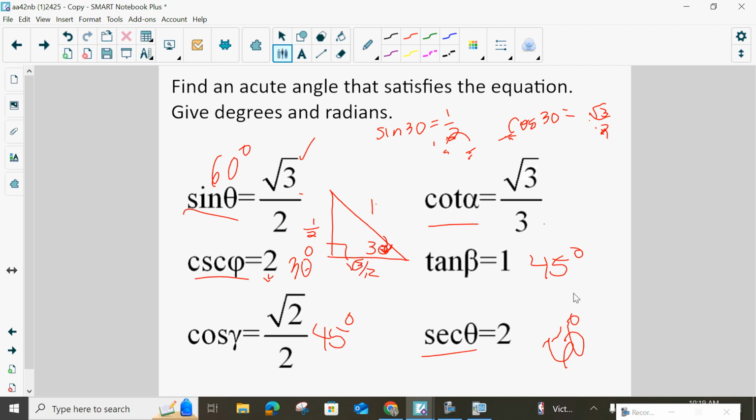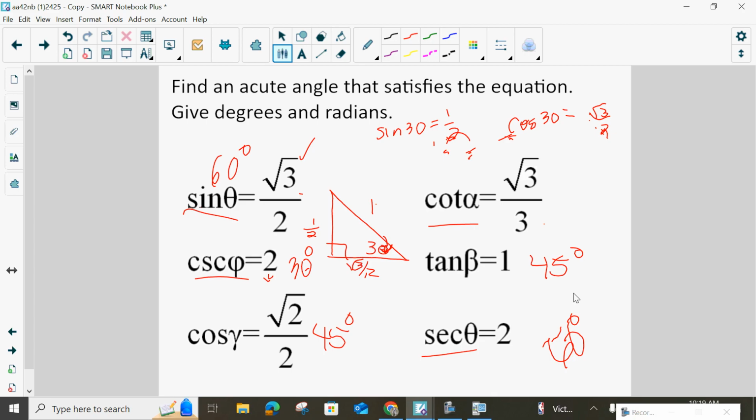Cotangent. Which quotient is cotangent? Is it sine over cosine or cosine over sine? Cosine over sine. So if I do cosine over sine, am I getting rad 3 over 3? Andrew, am I getting rad 3 over 3? Nope.